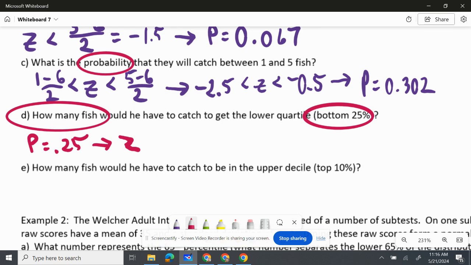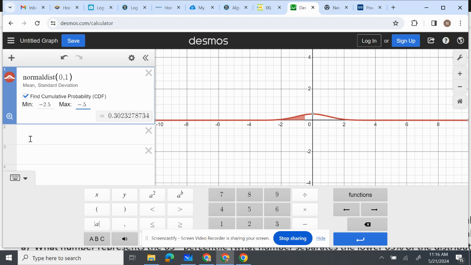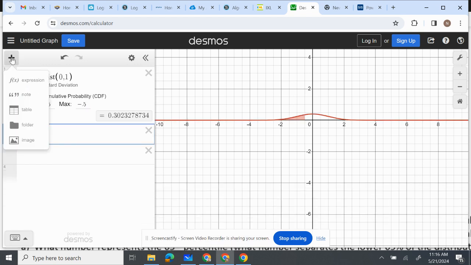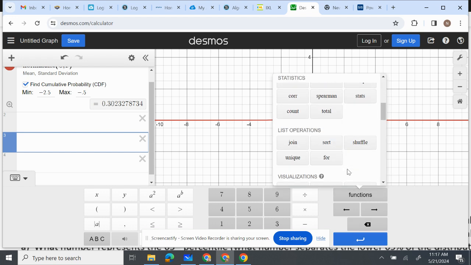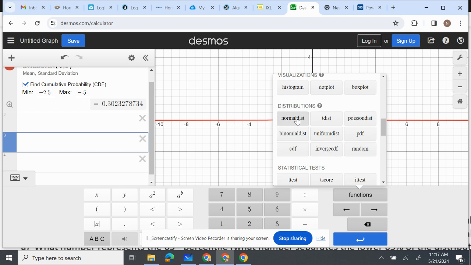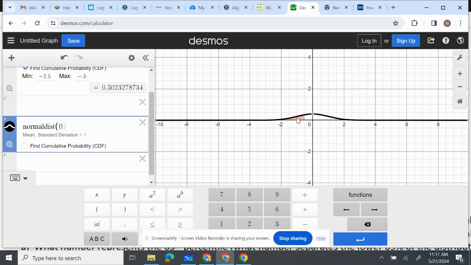So we're going to use Desmos again, except in this case, we have a different function. We're going to add, go to functions, then distributions, and we're going to do the normal CDF.